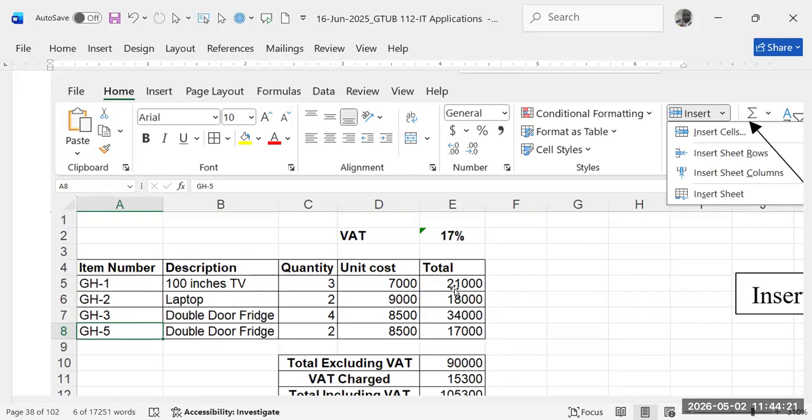From E5, then colon, to where? E8. So E5 colon E8, close bracket. That's also another approach. Do you agree? So equal to SUM open bracket E5 colon E8 means it will add everything within this range for you.